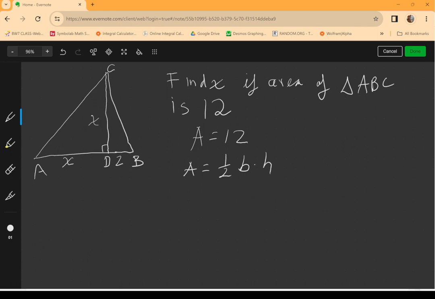Looking at this triangle, our base is going to be x plus 2, the whole base. Remember, the triangle ABC is these two little triangles put together. So we can set up 1/2 times the base, x plus 2, and then the height is x, equals 12.